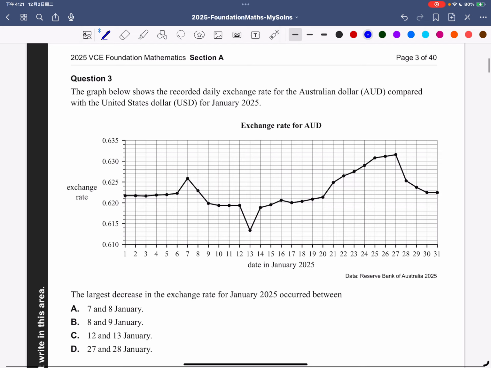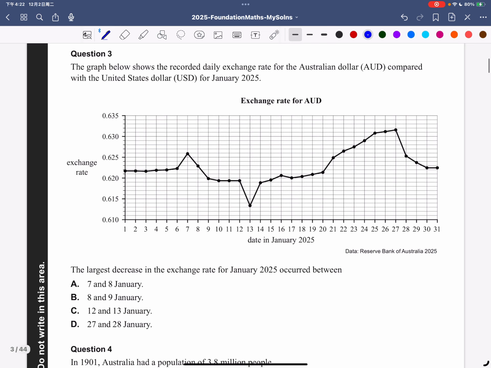Okay, question 3. The graph below shows the recorded daily exchange rate for the Australian dollar compared with the United States dollar for January 2025. We would like to find the largest decrease in the exchange rate.